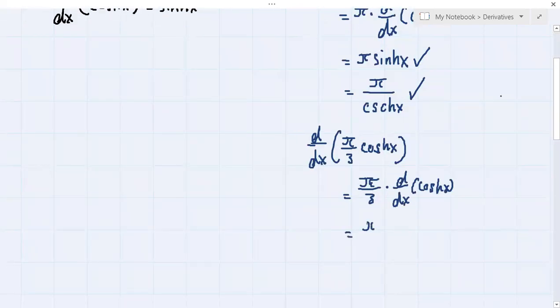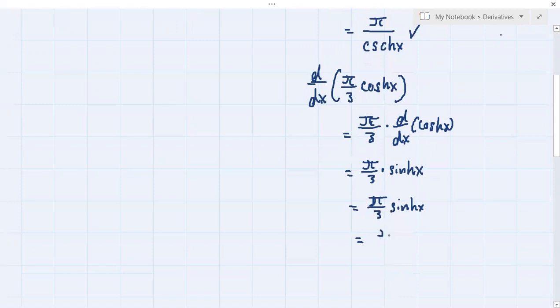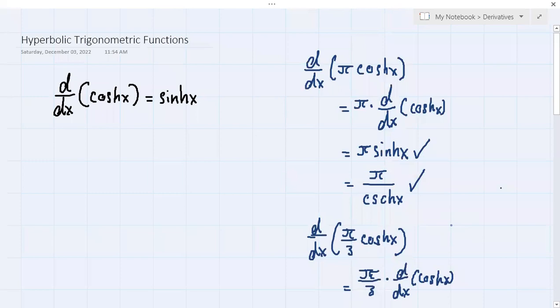So, in here, derivative ng cosine hx is sine hx. So, therefore, ang sagot natin dito is pi all over 3 times sine hx. Or, we can just have pi all over 3 times cosecant hx. Diba? It's easy. So yeah, bottom line, the derivative of cosine hx is sine hx.